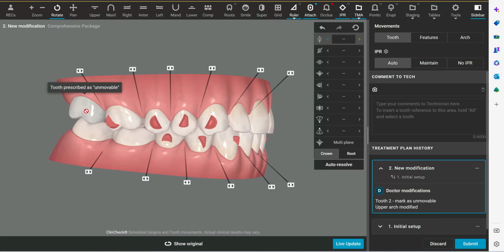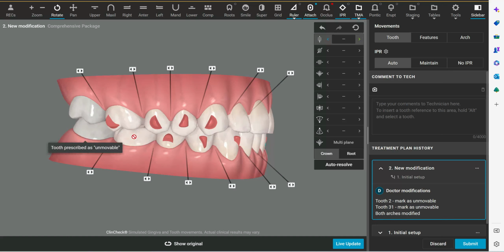So by making the second molar unmovable, all of the teeth, cuspid teeth, everything moved posterior. So there's a posterior shifting of the entire upper right arch. Let's see what happens when we do the lower molar. Very little change here. They moved a little bit mesial, but there was quite a bit of distal movement of all of the upper right posterior teeth.